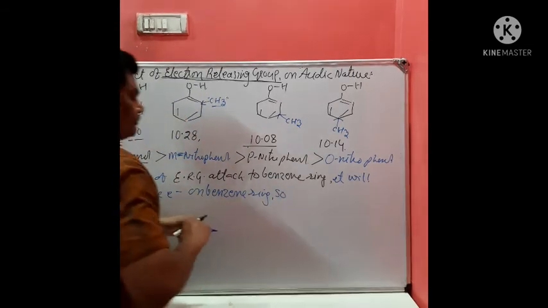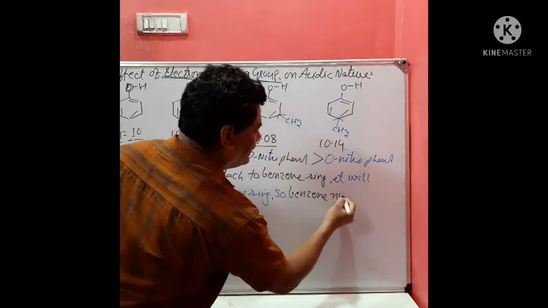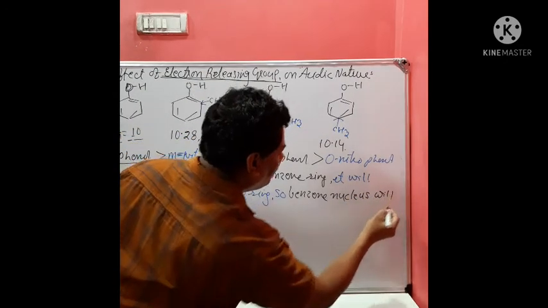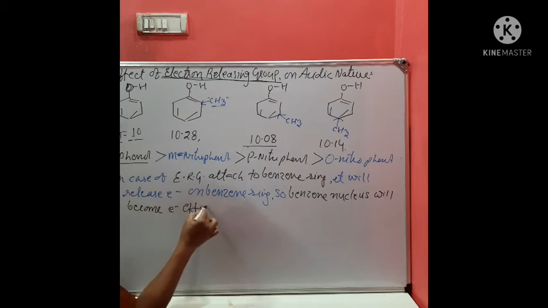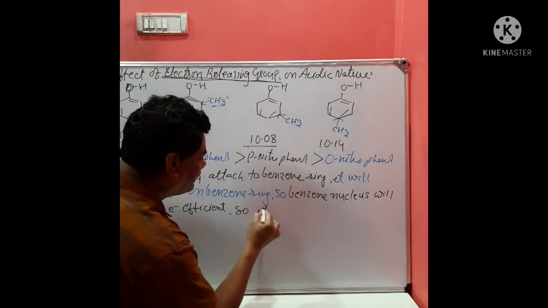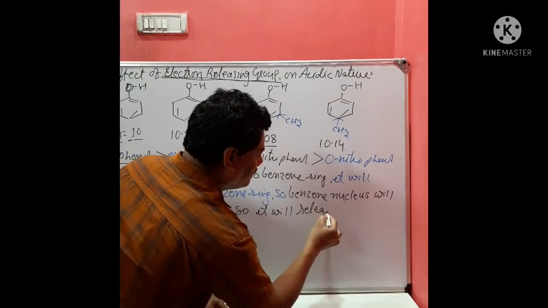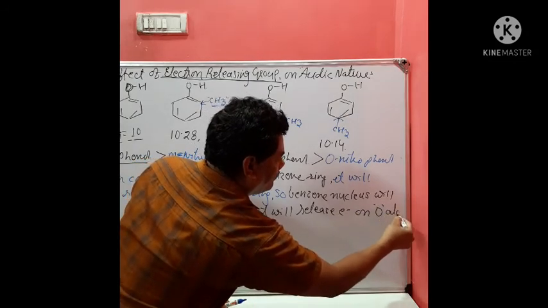So the benzene nucleus will become electron efficient. So it will release electrons on the oxygen atom.